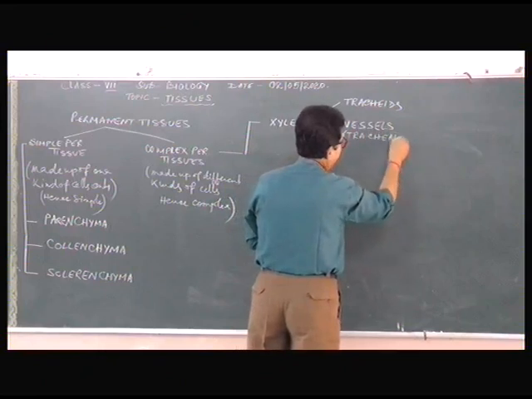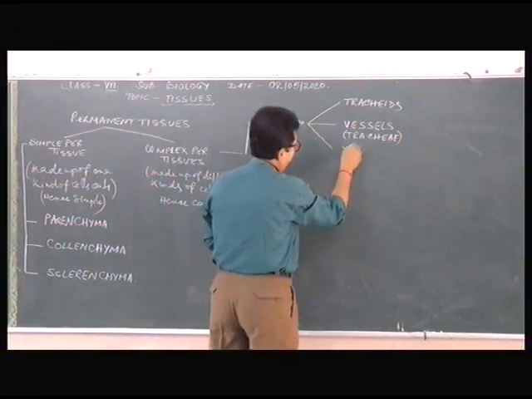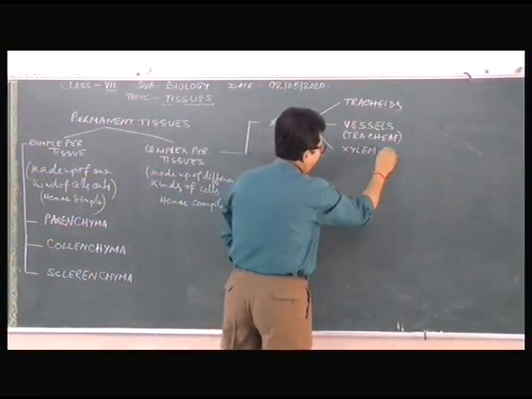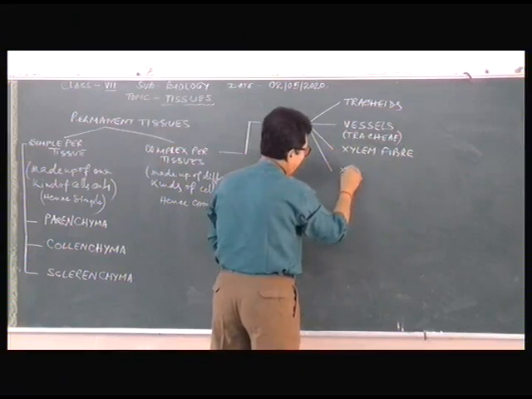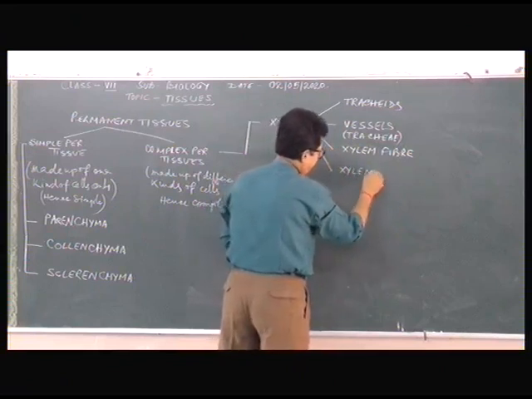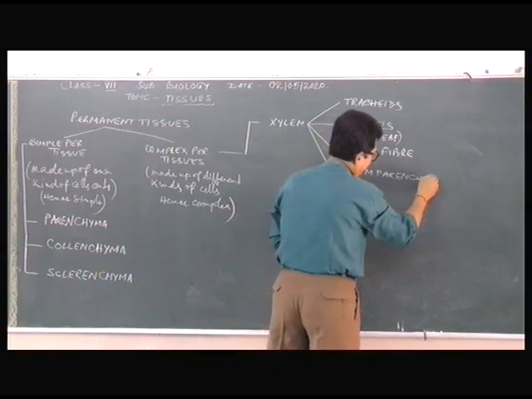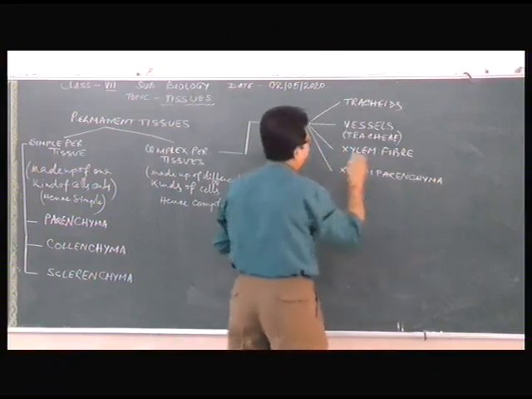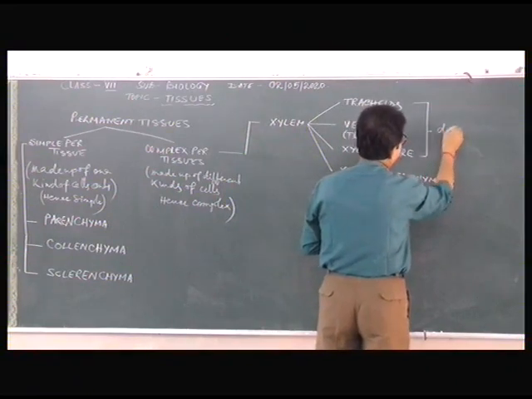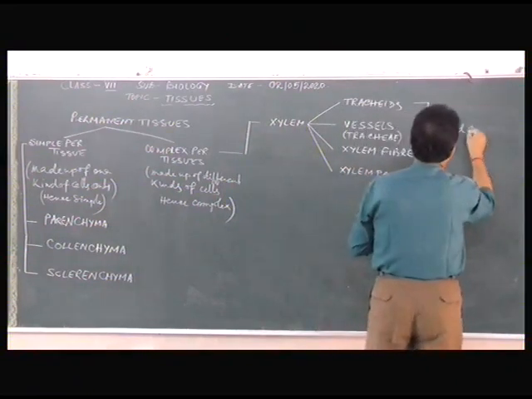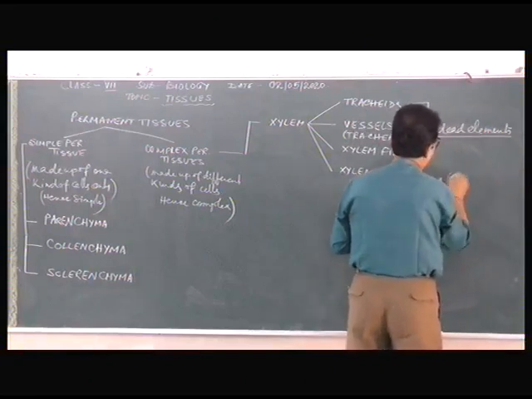When I add an E there, it becomes tracheae, plural. Then xylem fiber, and number four, xylem parenchyma. Out of these four elements of xylem, these three are dead elements. This is the only living element.